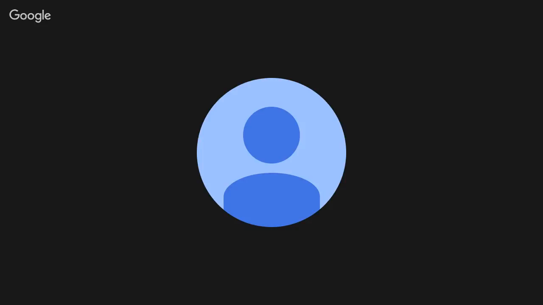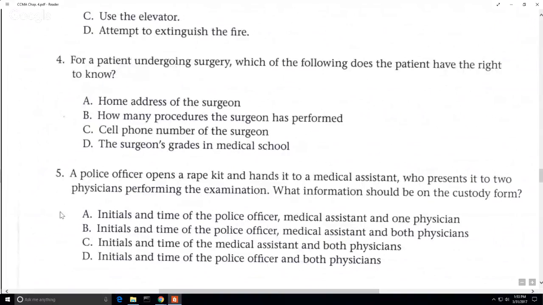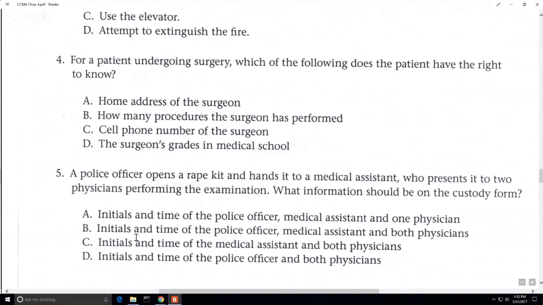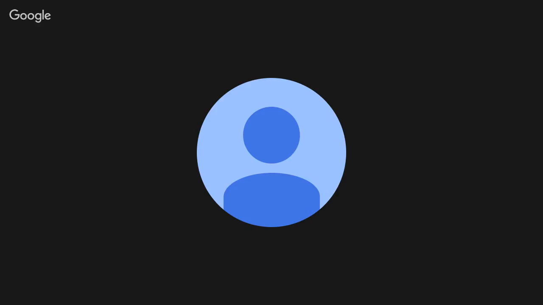The B. B, yes. A police officer opens a rape kit and hands it to the medical assistant who presents it to two physicians performing the examination. Which information should be on the chain of custody form? The initials and time of the police officer, medical assistant, and both physicians. B. So it should be the police, the medical assistant, and both physicians.